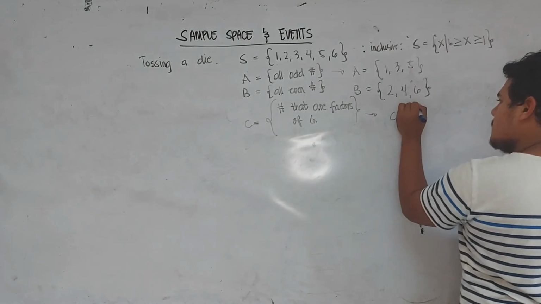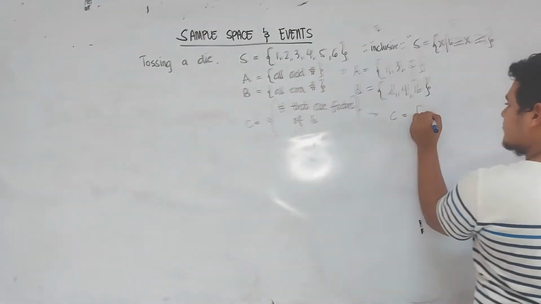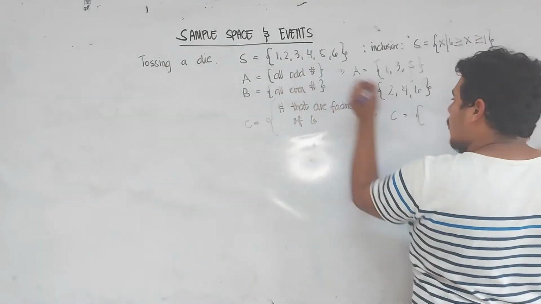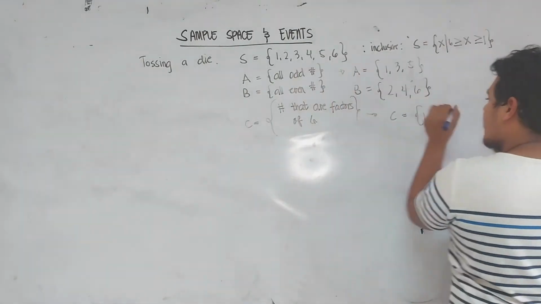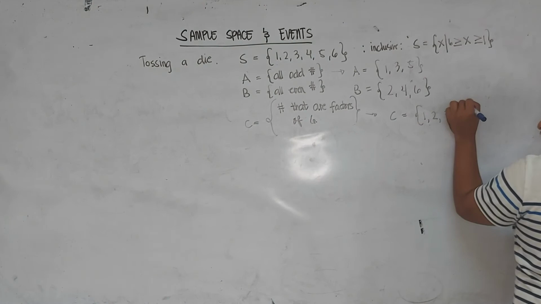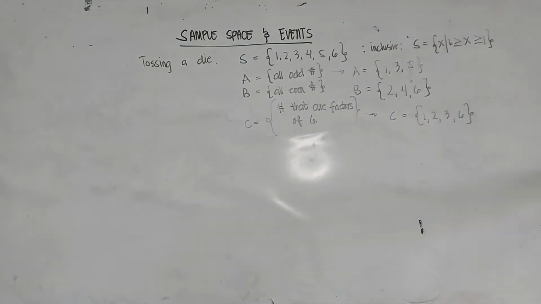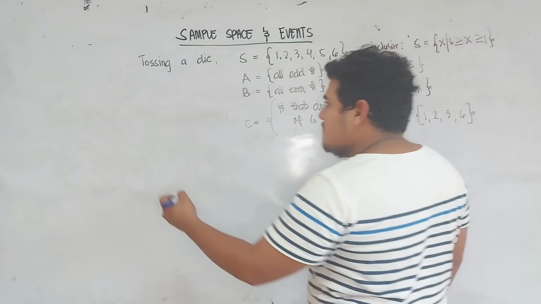C is equal to, kung saan kayo nakadivide of 6 sa sample space? We have 6 itself. We have 1. Makadivide pa ng 6? Oo. 2 makadivide. 3 makadivide. Dayon, 6 itself makadivide. Okay. So how do we represent sample spaces and events in a diagram? That is what we call a Venn diagram.